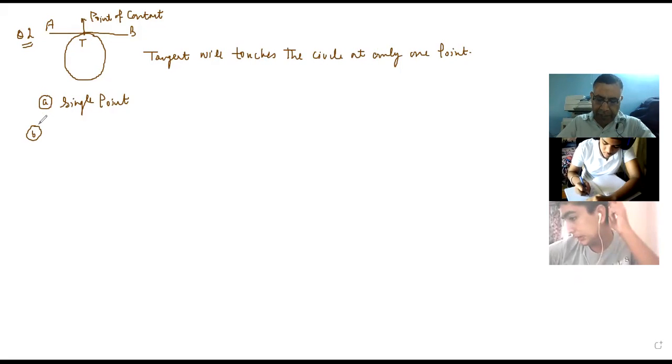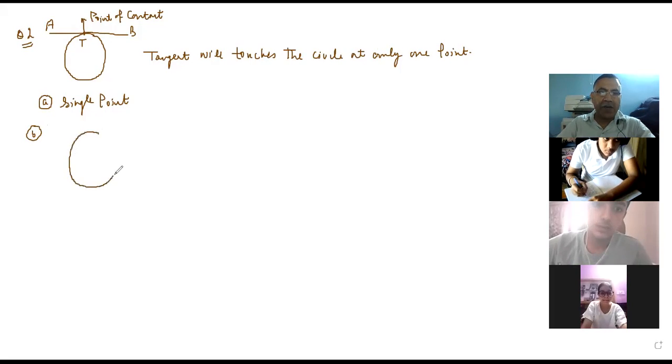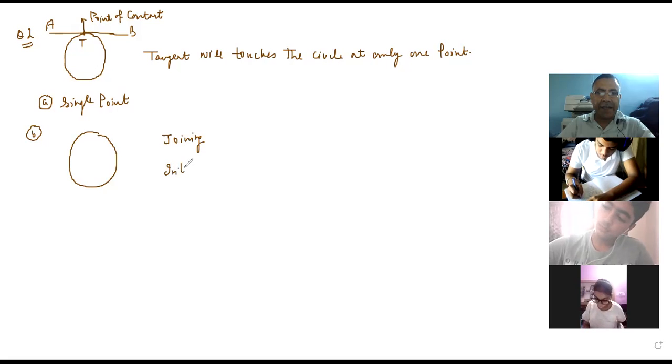Now, part B. A line intersecting a circle in 2 points is called dash. It is cutting the circle. It did not say joining, it said intersecting. See, there is a difference between joining and intersecting. Intersecting means it cuts the circle and passes through. This is intersecting and this is joining. Clear?